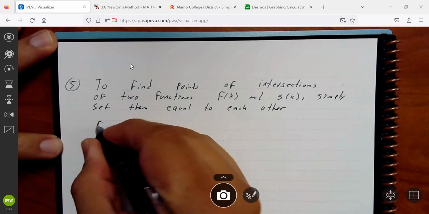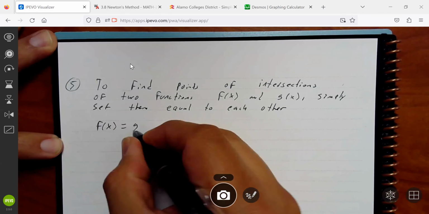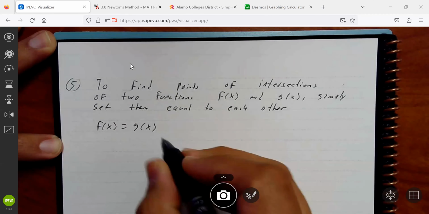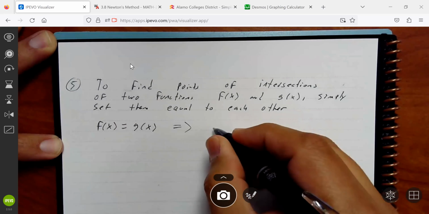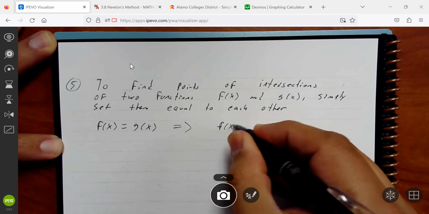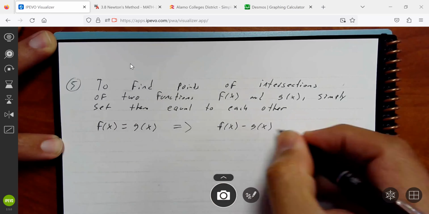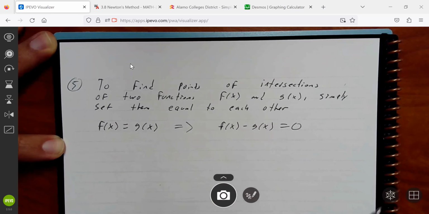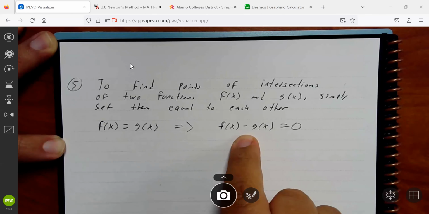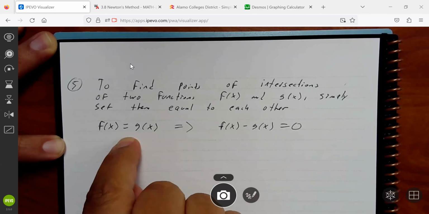So if you set these equal to each other, and then you subtract them, then you get it set to 0, right? So if you find out when this is equal to 0, that's the same question as to when they are equal. You see what I'm saying?